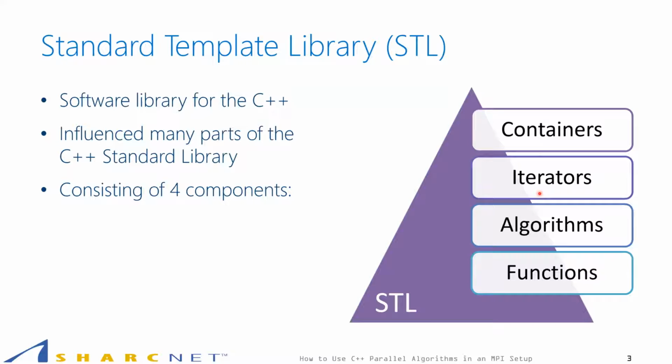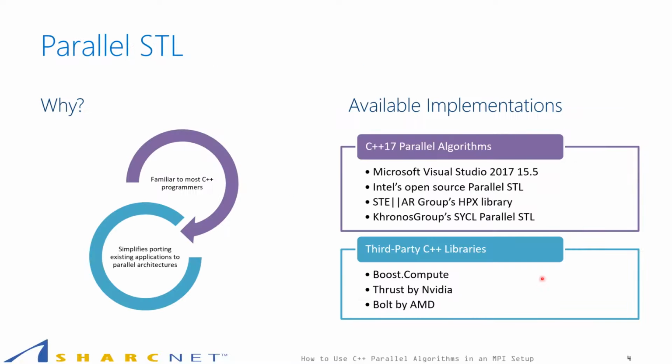Iterators act as generic interfaces for accessing some or all elements of containers. Algorithms use iterators to manipulate containers. And finally, some generic functions and functors, or function objects, are there.